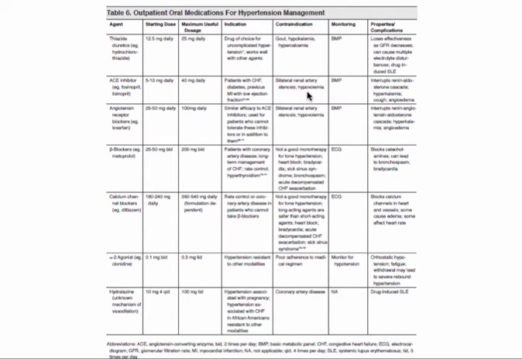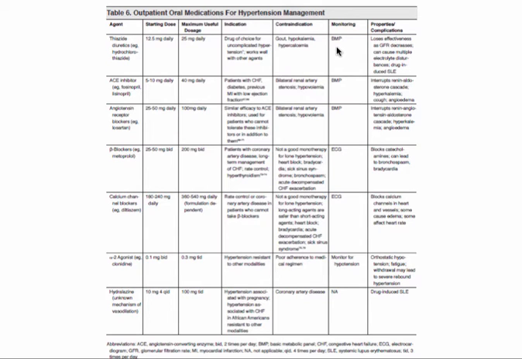As I mentioned, it's good for nephropathy, but that's usually related to hypertension or diabetes. If there's stenosis, that's different because the stenosis is narrowing of that artery. An ACE inhibitor is trying to work at the kidney, but that stenosis would be a contraindication. In terms of monitoring, BMP means basic metabolic panel. That's just your electrolytes, your liver, your kidneys, essentially just looking at blood work.